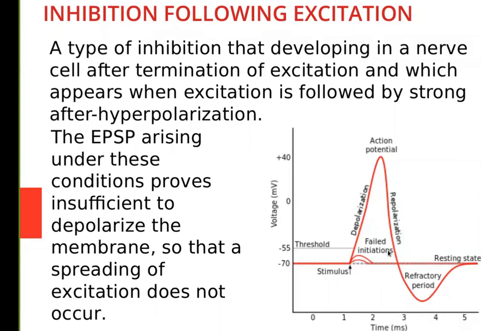Again, I told you about this period in the first lecture. But hyperpolarization leads to decreased excitability. And if the next stimulus comes in this period after the first one, the second stimulus does not produce an action potential. We may say the second stimulus is blocked, inhibited.